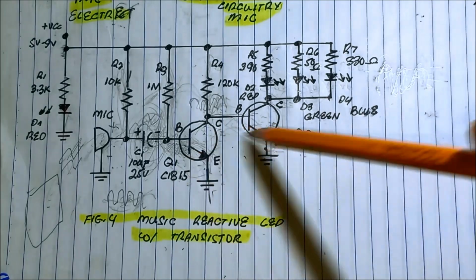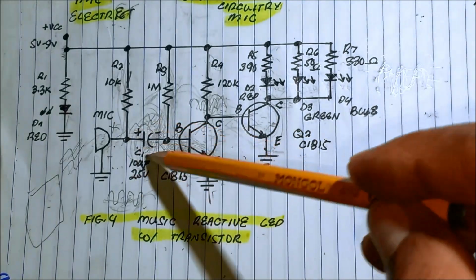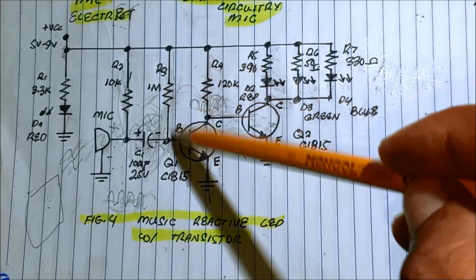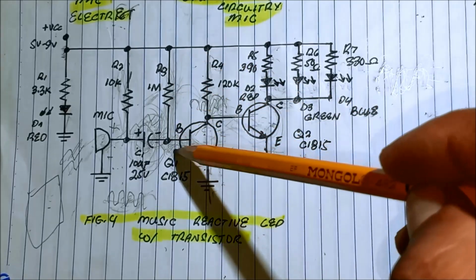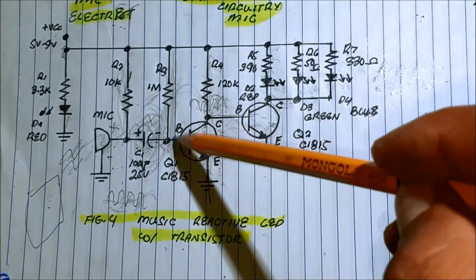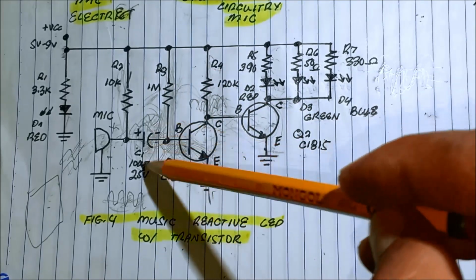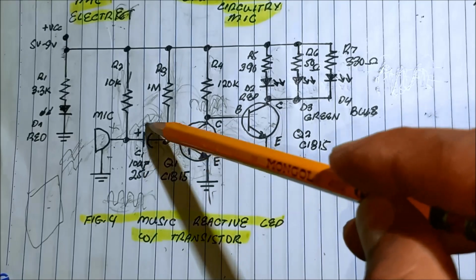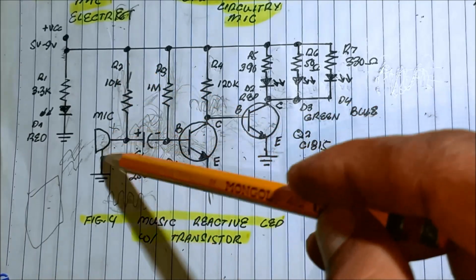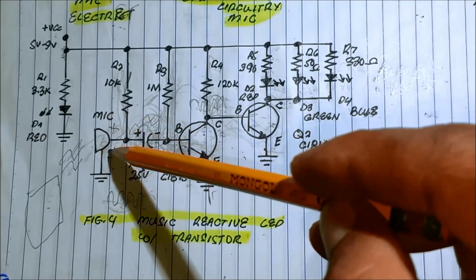So these two are amplifier, coupling, in order not to block DC. So it will not affect the biasing of the transistor, because we have the capacitor here. Also here, it will not affect the supply of the microphone.